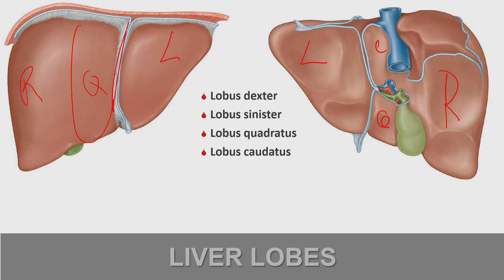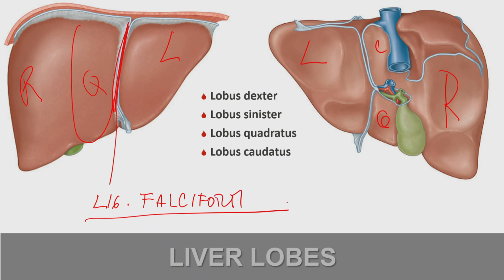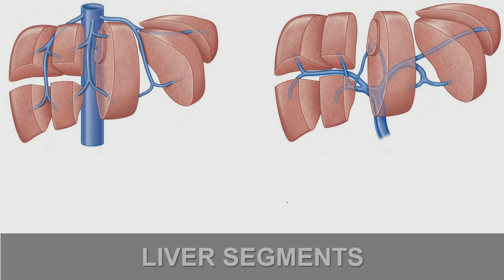When you look at the liver, the first marker to divide left and right is the interlobar fissure, which is made by the falciform ligament.